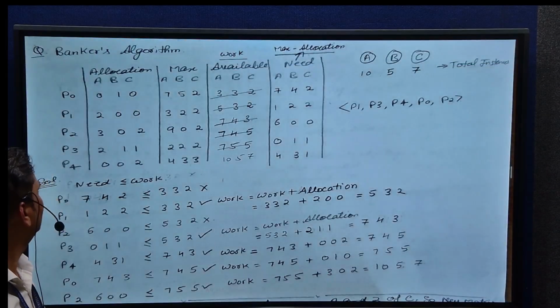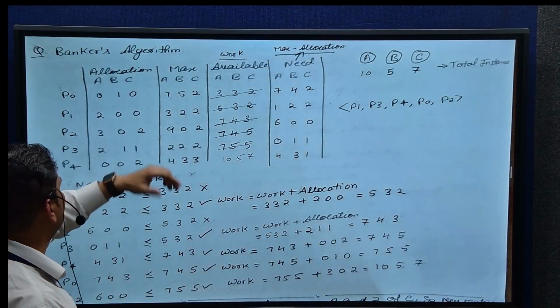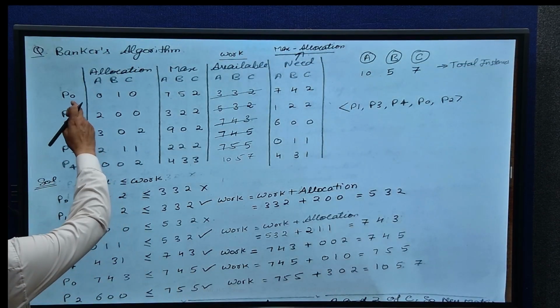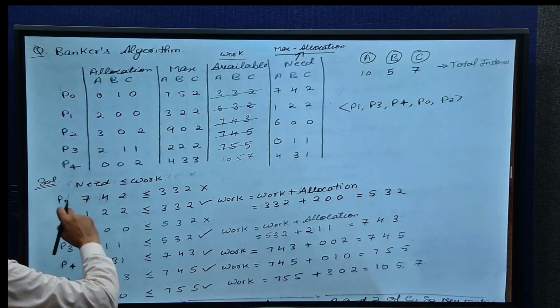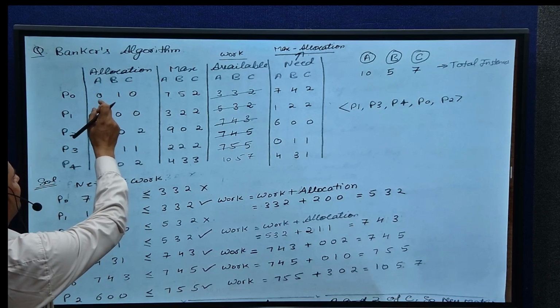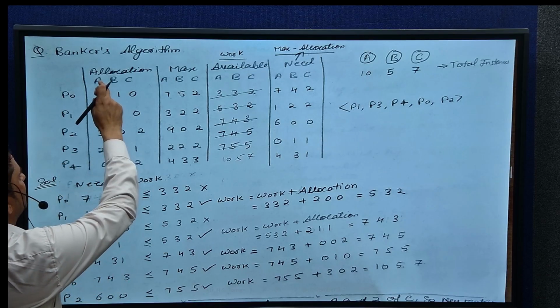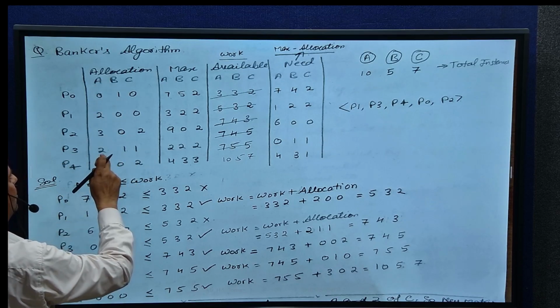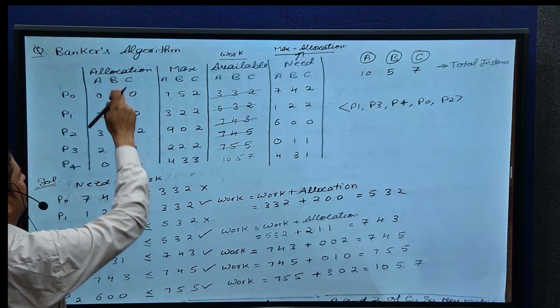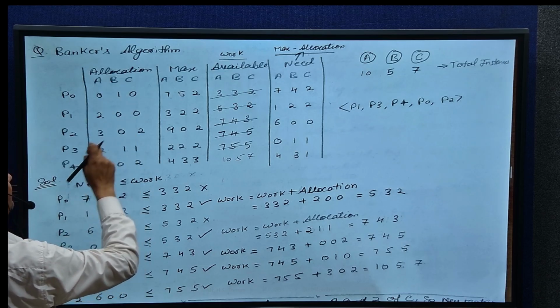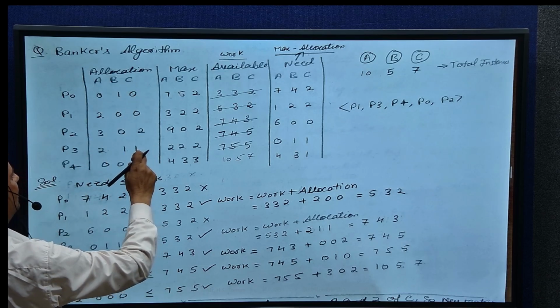Next slide. See, in this Banker's algorithm there are five processes: P0, P1, P2, P3, P4. Allocation means, for example, for P3, resource type A 2 is allocated, type B 1 is allocated, and type C 1 is allocated.